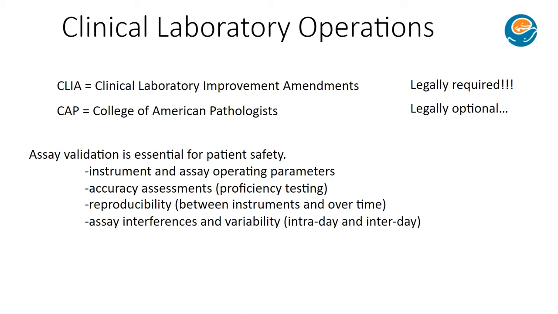And some of these things we test as a new method or a new test is coming online, and others we monitor regularly. So we do accuracy assessments throughout the year through proficiency testing that's offered by external entities. These are samples that we essentially purchase to test.